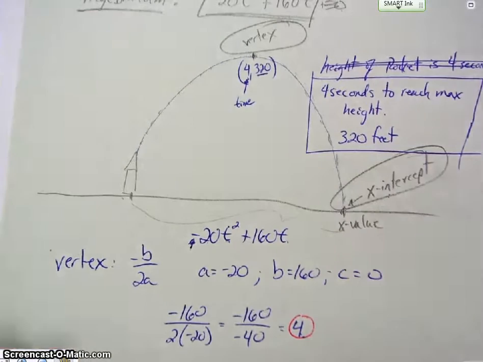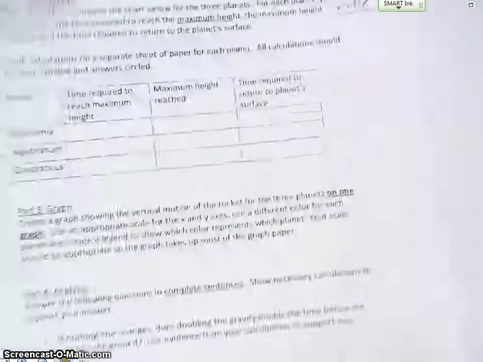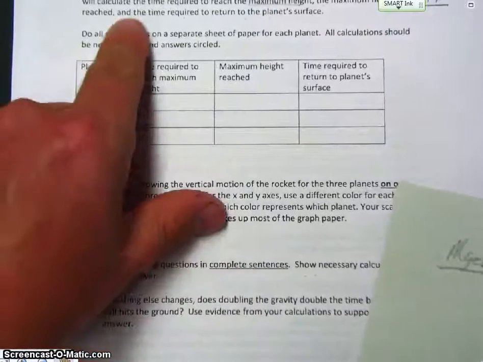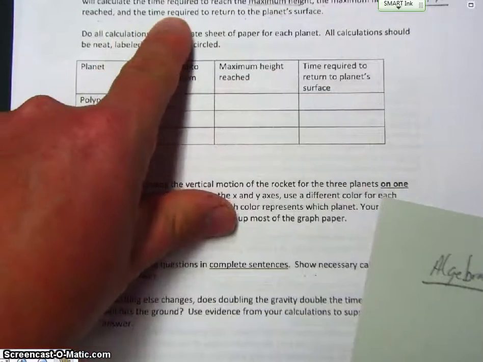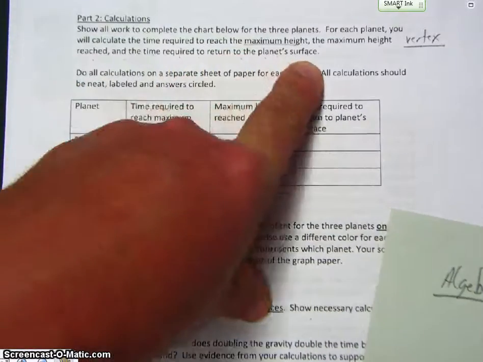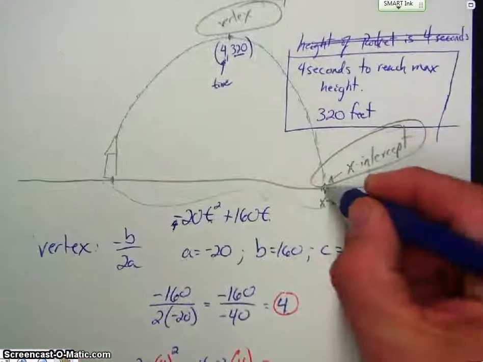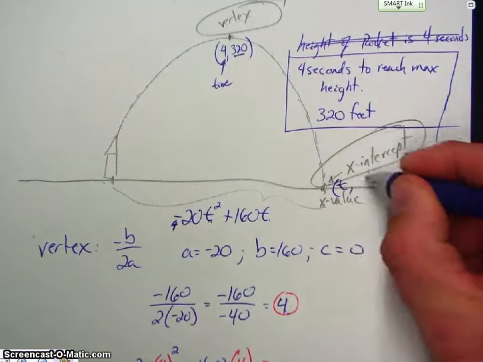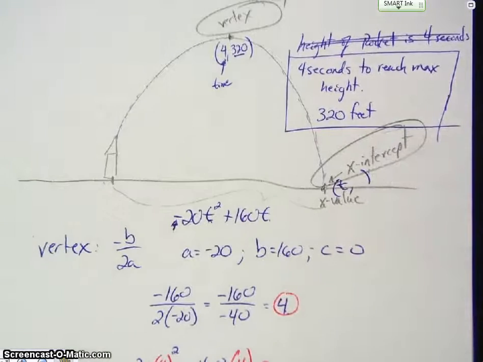Now, the second part of the question is the time required to return to the planet's surface. In other words, what's the x value right here, or t value, or x, whatever you want to call it?